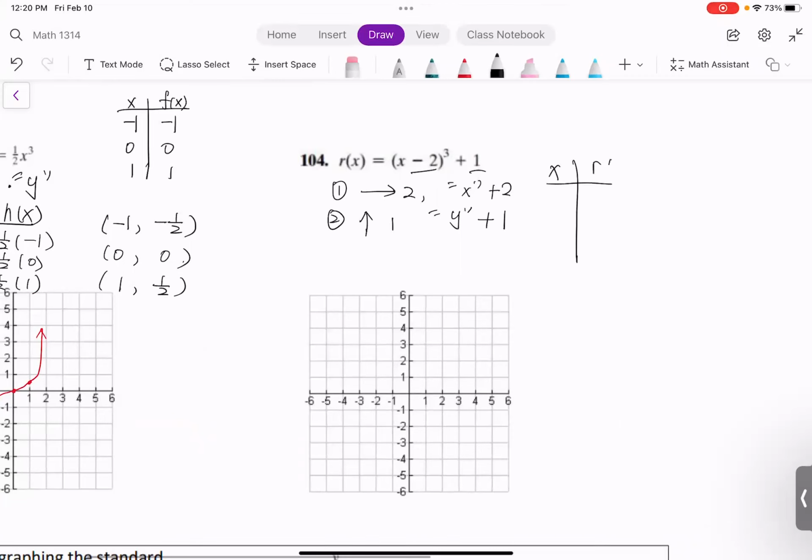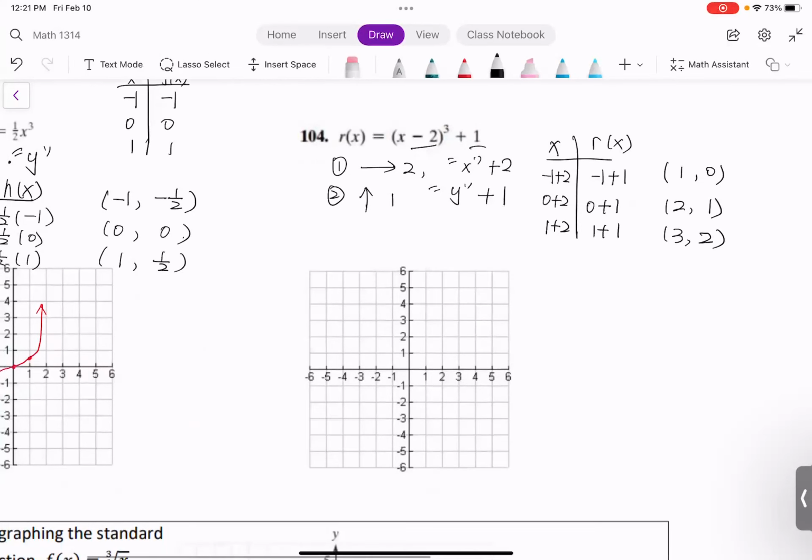X, r of x, and x + 2. So -1 + 2, 0 + 2, 1 + 2. And y's change is y + 1: -1 + 1, 0 + 1, 1 + 1. The new key points are 1, 0; 2, 1; 3, 2.